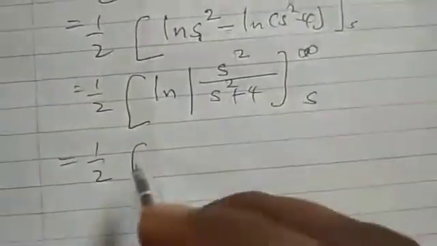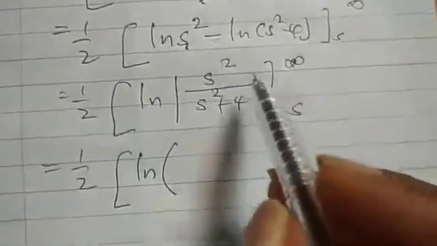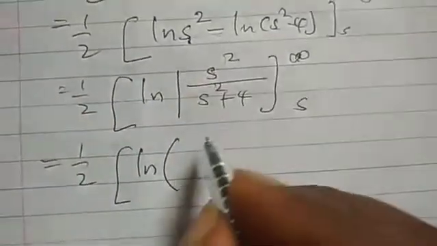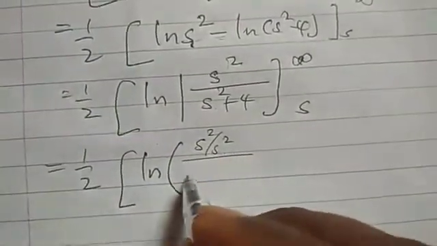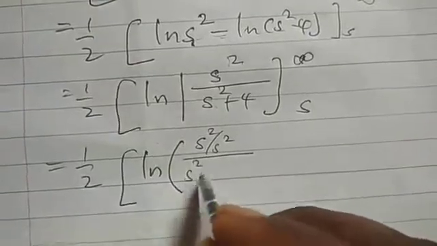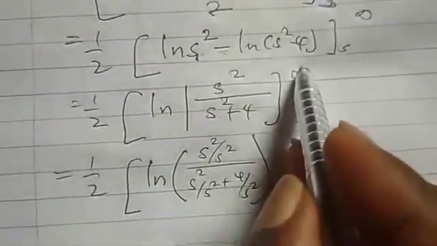You cannot put infinity like that. You need to find the limit. If you recall, how we normally find limit to infinity, we divide both sides by s squared. So this is s squared divided by s squared, over s squared divided by s squared plus 4 divided by s squared. That is for infinity.